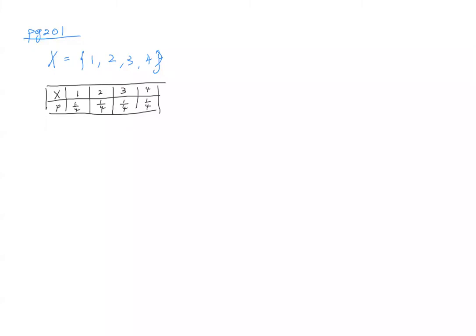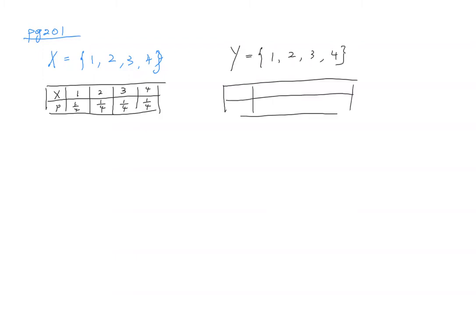So the expected value you should know. Now we want to talk about how to build Y. The problem with Y is the highest number also is 1, 2, 3, 4. But the situation now is very, very different.